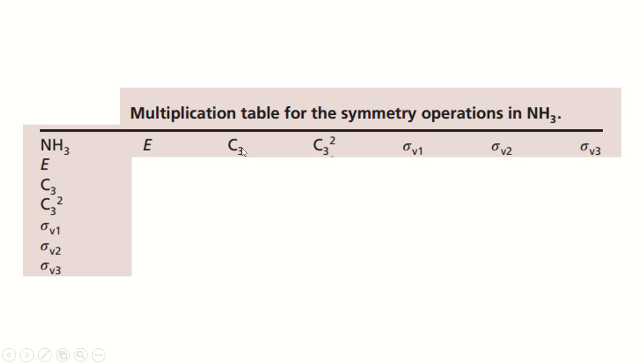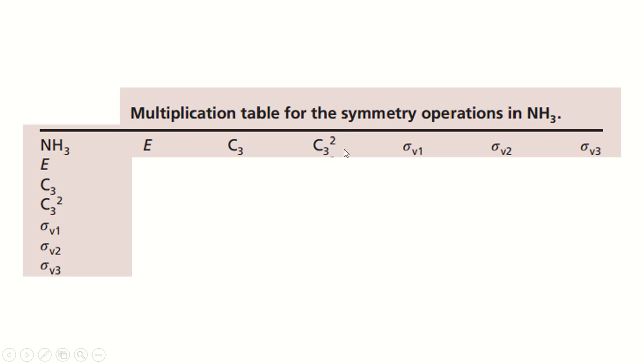Then definitely this operation would be equal to C3, because we have applied C3 only; identity has nothing to do with the molecule. So if any operation commutes with identity, the resultant would be the same as that particular operation that commuted with the identity.